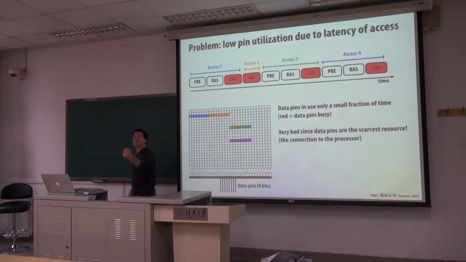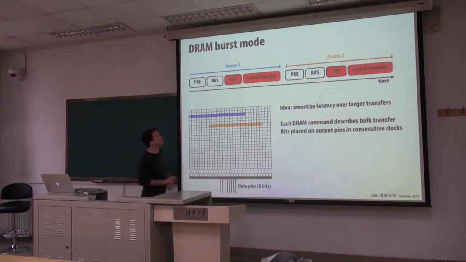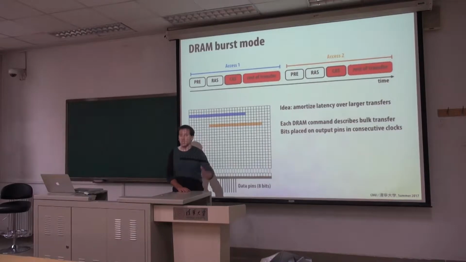We can send DRAM a command which says, I want 64 contiguous bits of data. So you could put the DRAM in a mode where you ask for much larger chunks of data at the same time. DRAM will do the pre-charge, activate the row, and then over the next 8 clocks, give you 8 bits, and then another 8 bits, and another 8 bits, and another 8 bits. So it'll be much more efficient.